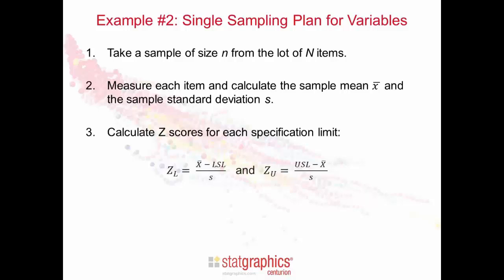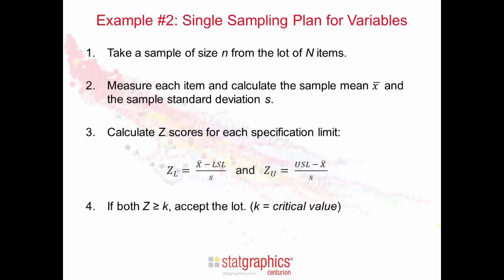I'll then calculate a z-score against each of the specification limits. I'll take the difference between the mean and the lower spec divided by the standard deviation, and the difference between the upper spec and the mean divided by the standard deviation. Okay? If either of those z-scores is too small, I will have to reject the lot.